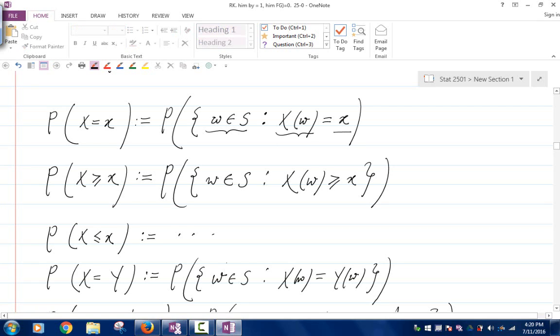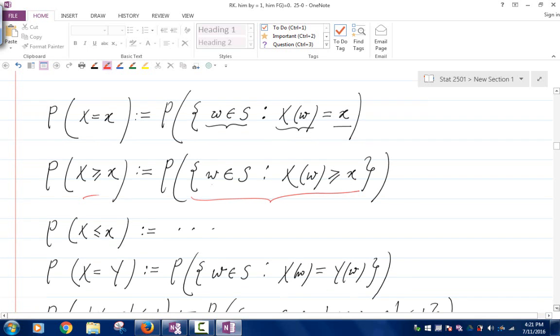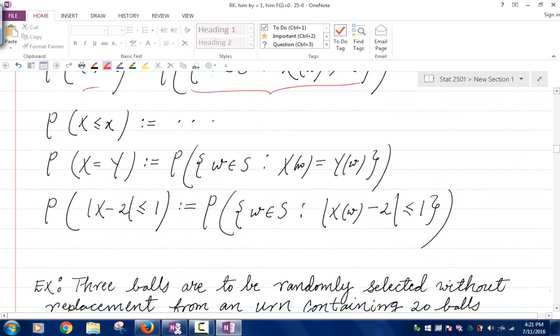When we write P of X greater than or equal to x, what we mean is the probability of the event consisting of all outcomes omega inside of S for which the X value is greater than or equal to the lowercase x. And similarly for the probability that X is less than or equal to x.